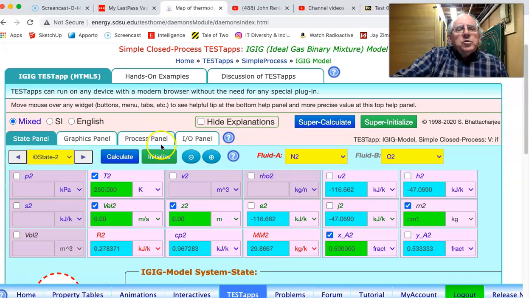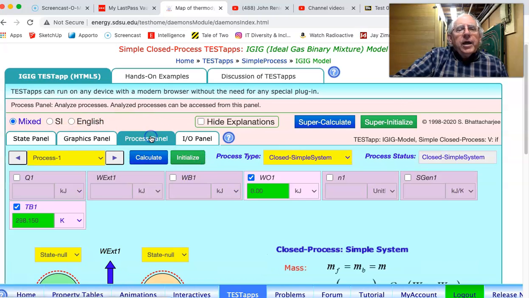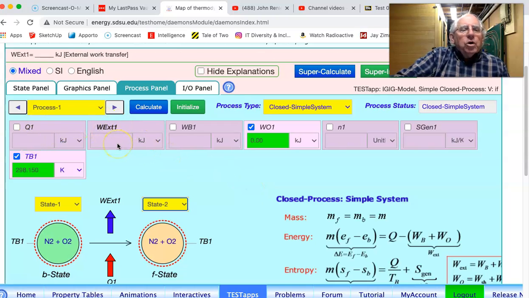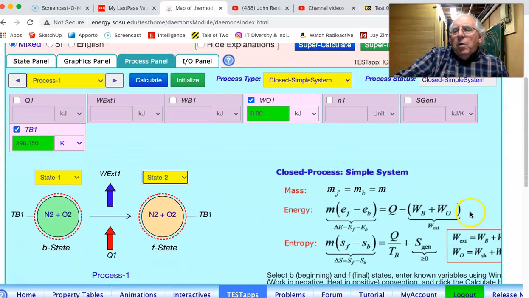What we have to do is go into the process panel, and we say, for this particular process, we're going from state 1 to state 2. And when we do that, we know that heat transfer and work is going to be involved. But what we also can say is that there is no shaft work, and so this term here is equal to 0.